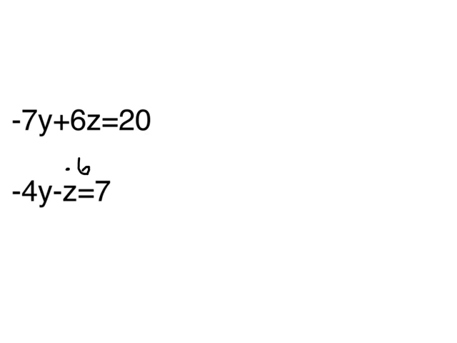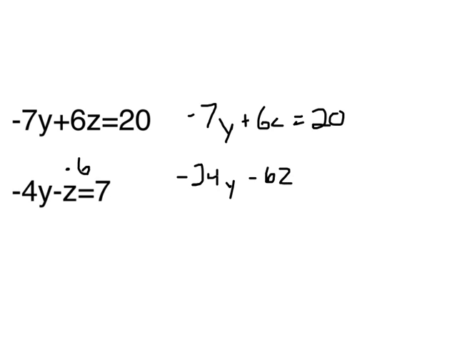When we do this, the top equation is going to stay the same. So -7y plus 6z equals 20. And the bottom one is going to be -24y minus 6z equals 42. Now when we do this, we're going to add it down again.